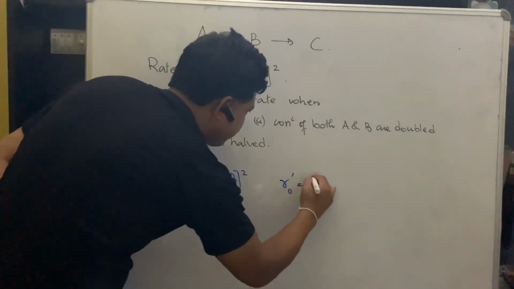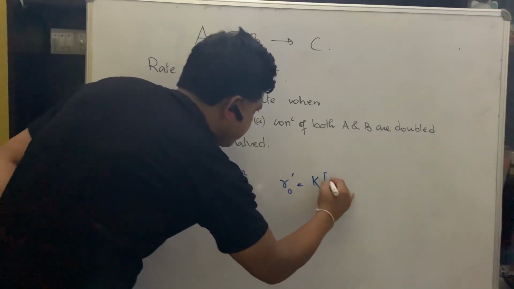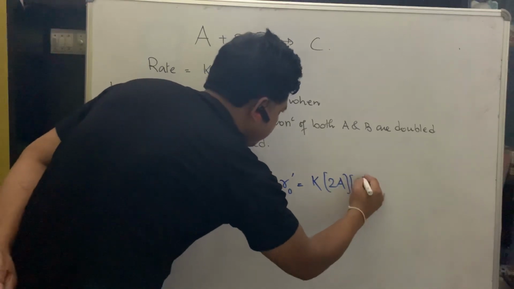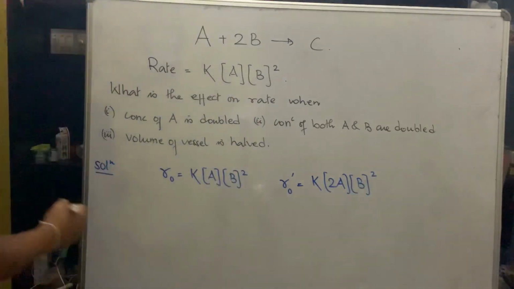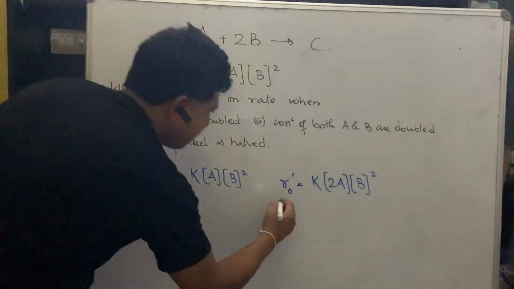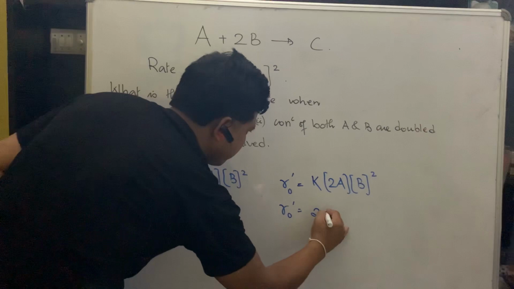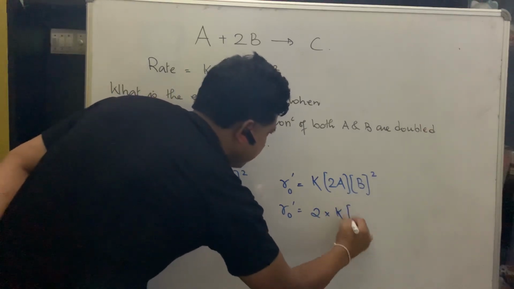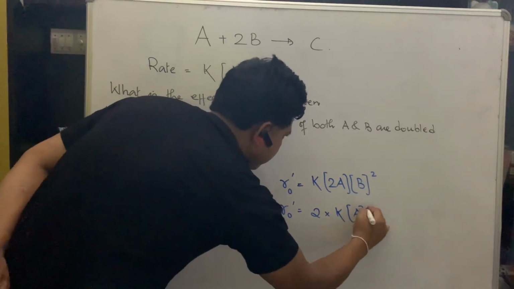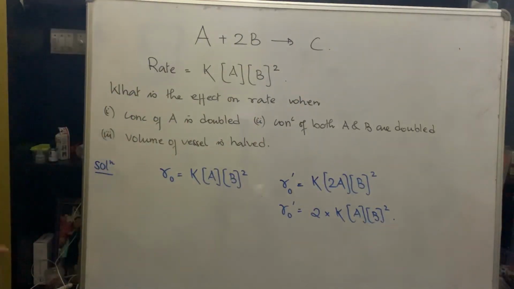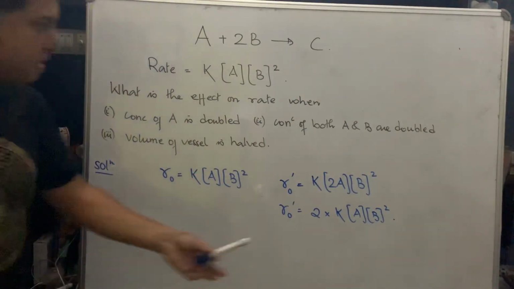So this is equal to K. Now the concentration of A is doubled, which means it becomes twice A, B to the power 2. So R naught dash will be equal to twice into K [A][B]^2. I'm taking this constant outside. Now what is this?